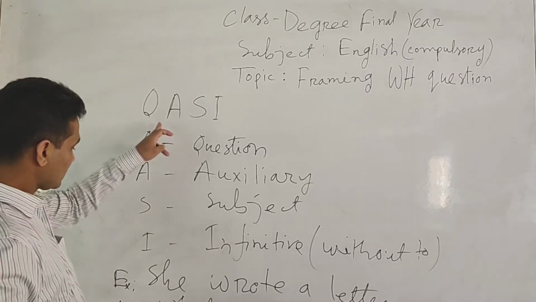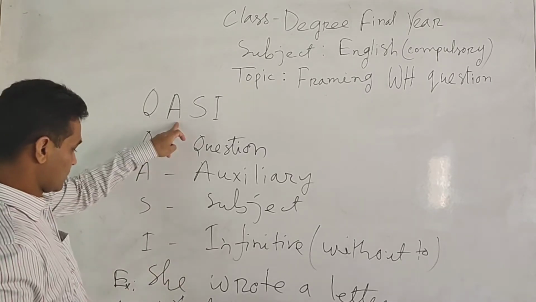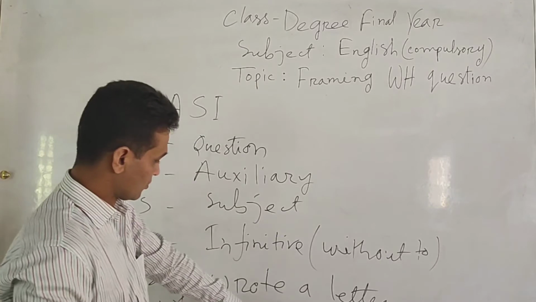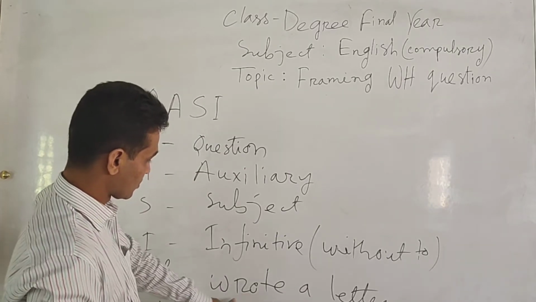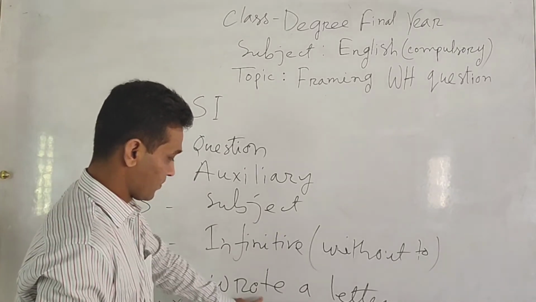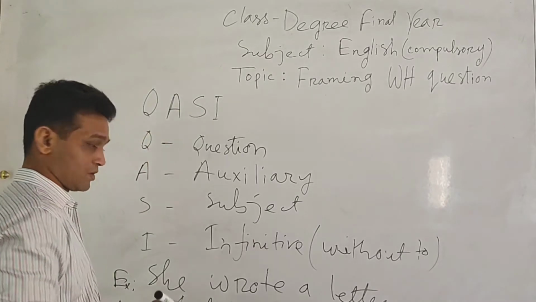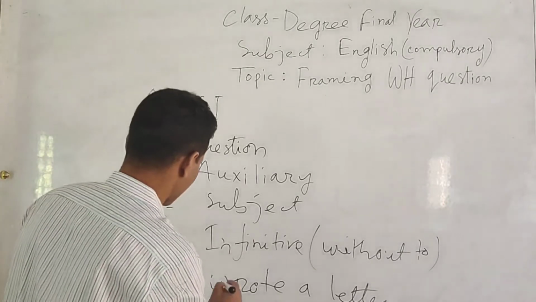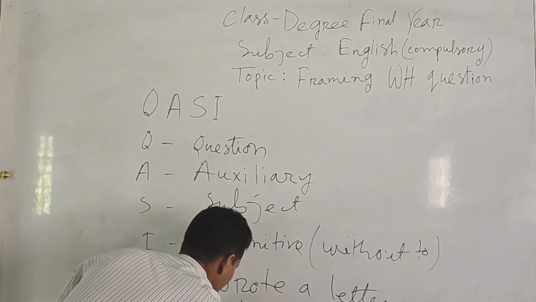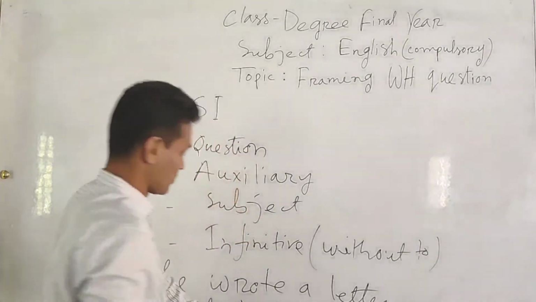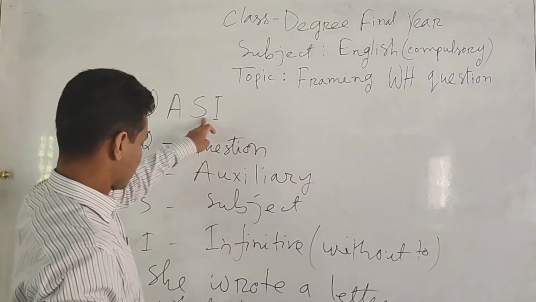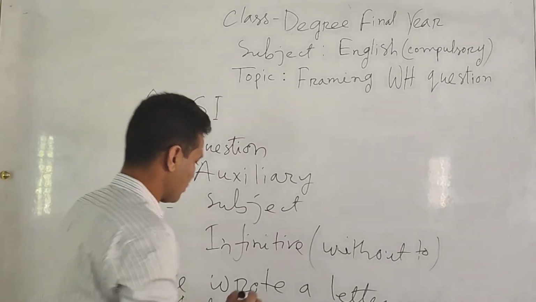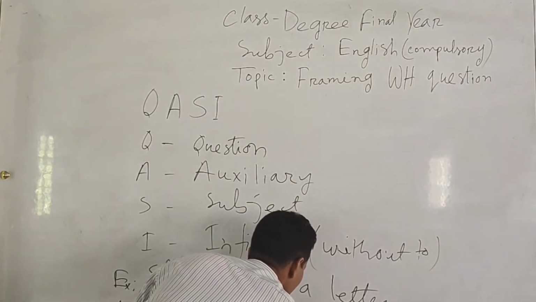Auxiliary verb according to the tense of the sentence. Wrote is the first form of verb, so as auxiliary verb we have to use did. What did? Subject: she. What did she?